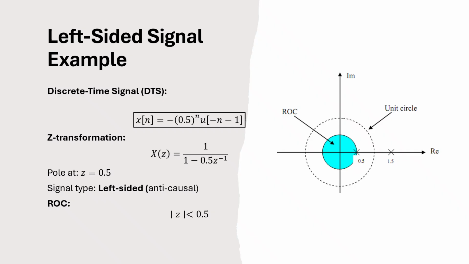Because it is left-sided or anti-causal, the ROC is inside the pole, that is z less than 0.5. Notice the same X of z expression represents two completely different signals depending on whether the ROC is z greater than a or z less than a. Although left-sided signals are not common in real-time systems, they are very important in theoretical signal analysis and mathematical modeling.